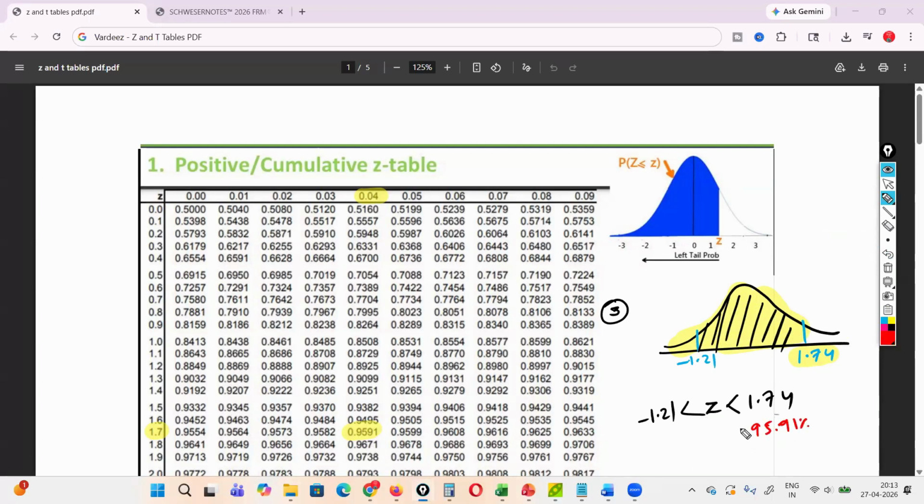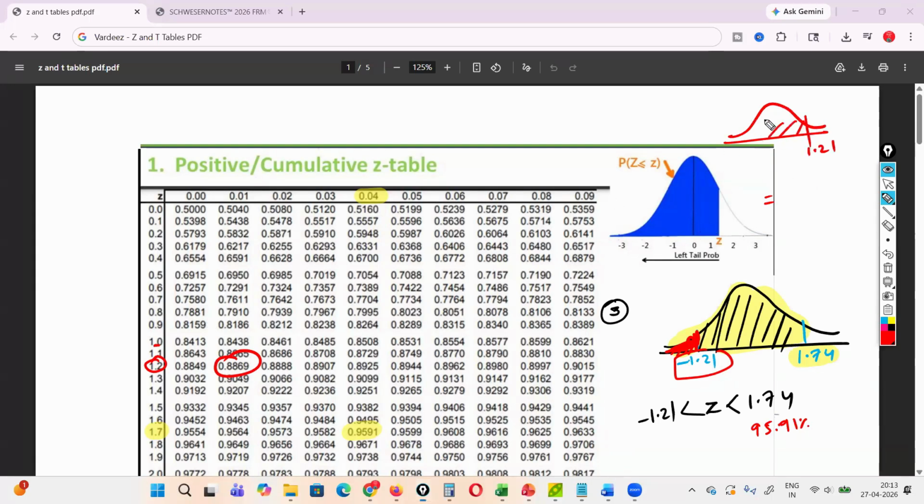Now, you just need to find the negative value here, which is minus 1.21. So you go to the positive 1.21, 1.2 and 1. The positive table looks like this. Okay, I'll write it here, 1.21.